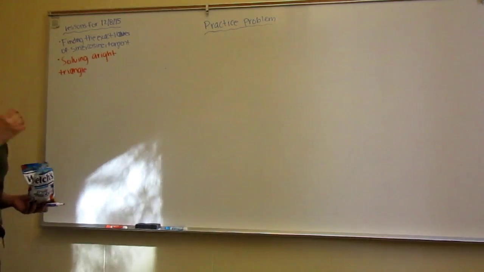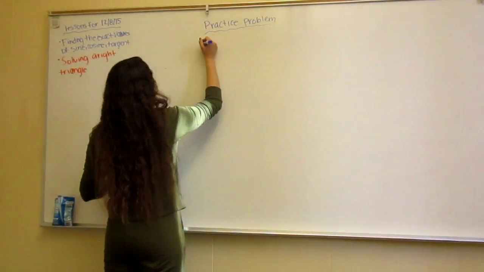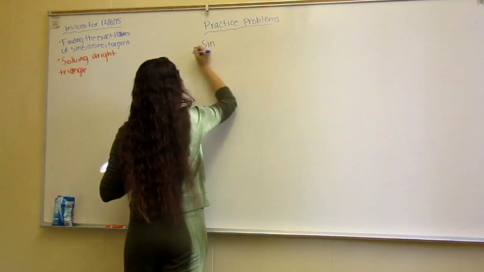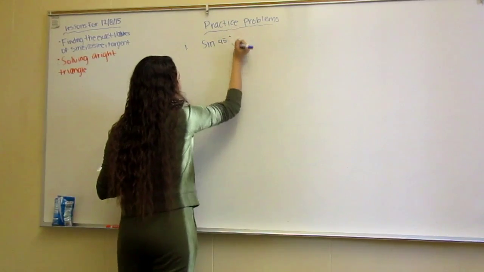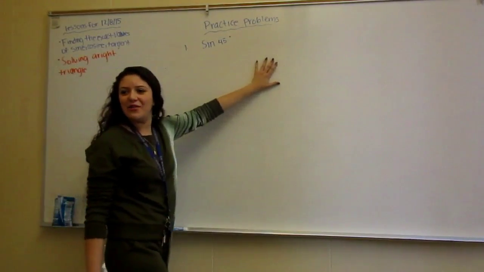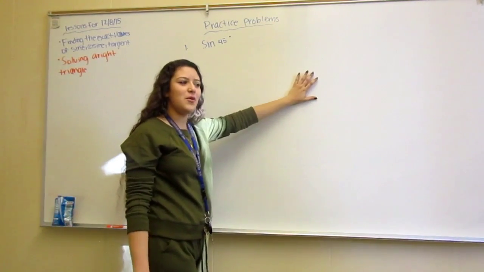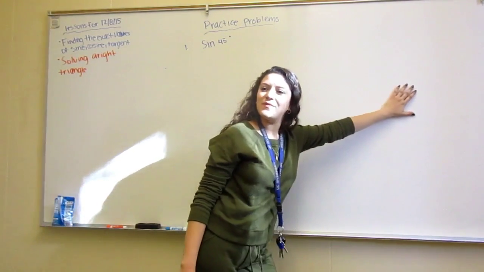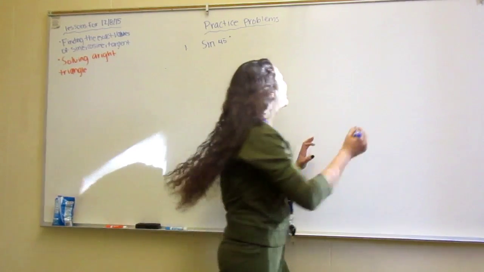Sine of 45 degrees. Class, how would we solve this? What's the one most important thing that we use throughout the whole trigonometry? The unit circle. Perfect!